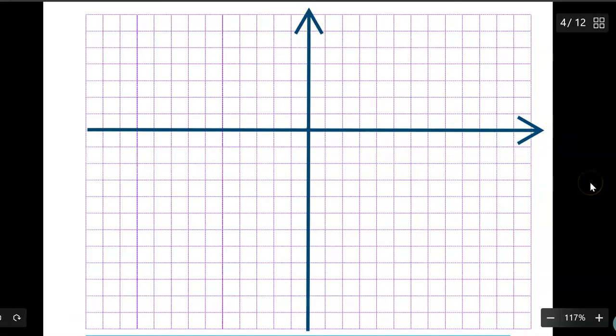I'm going to label that. So this is x and this is y. And I need to divide up the scale. I need to assign a number for each increment. I will make this as 1, so that has to be 2, that has to be 3.